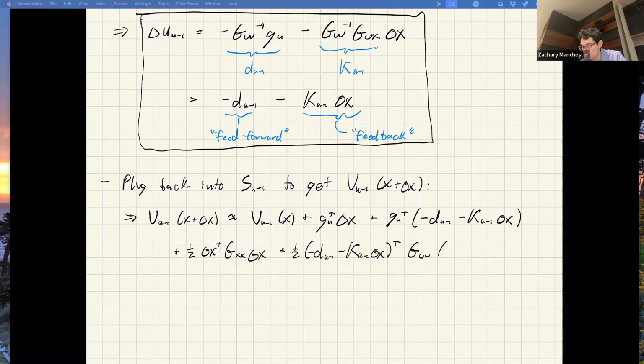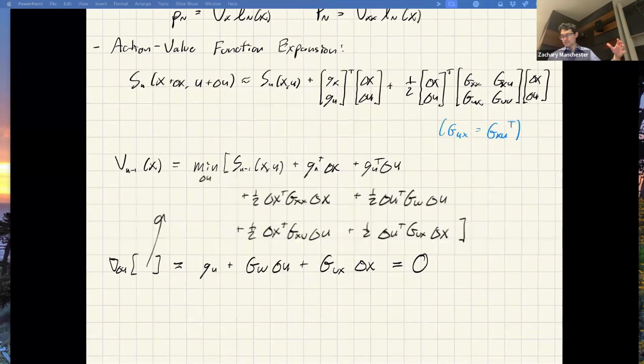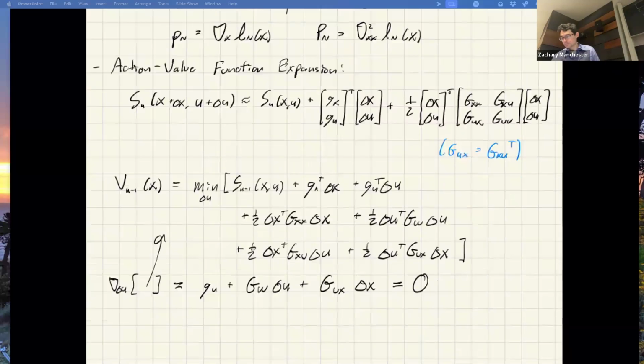So this is the G_uu term. I'm going to take a little shortcut there, if you don't mind. And then we've got the mixed terms where we've got delta x transpose G_xu. I'll do the dot dot dots to save some writing. And then dot dot dot G_ux delta x.